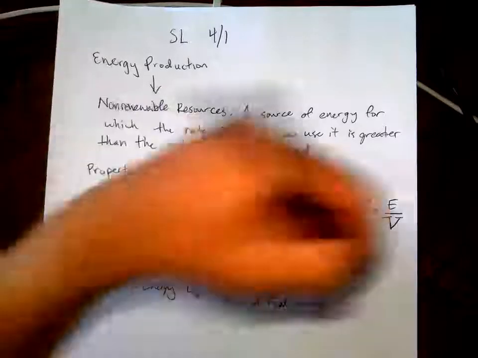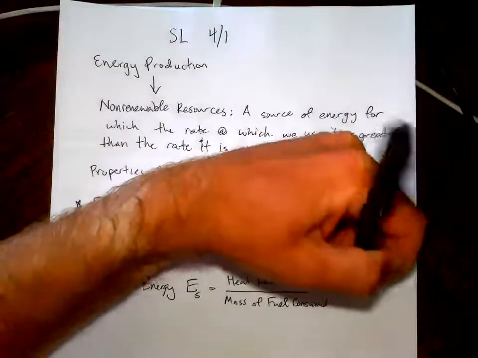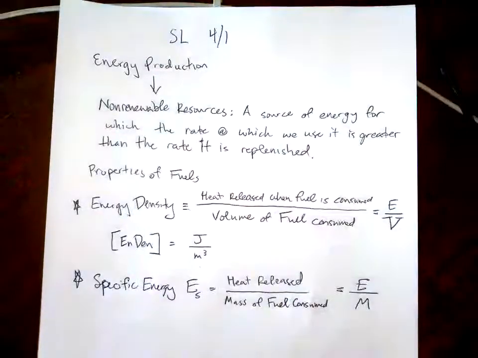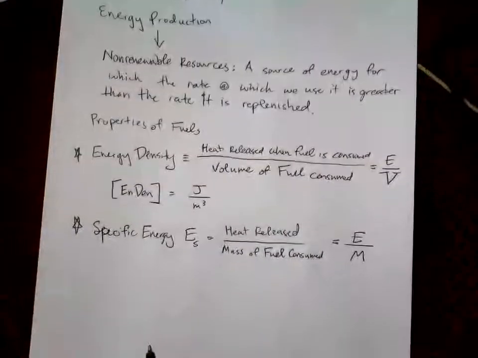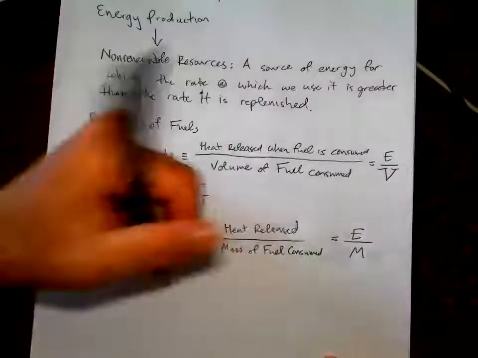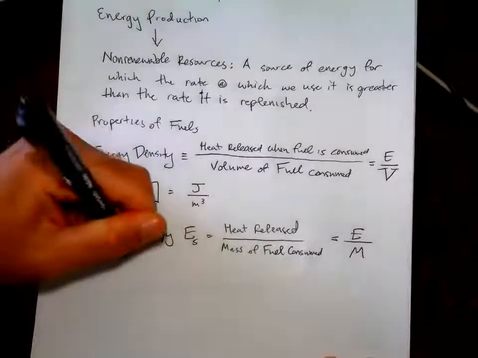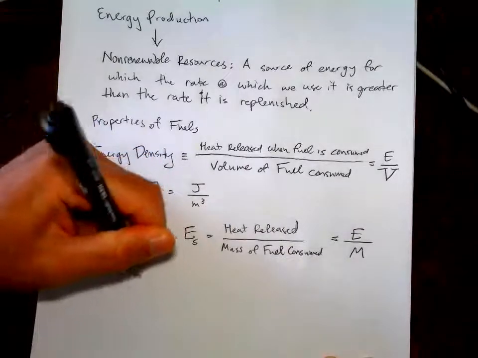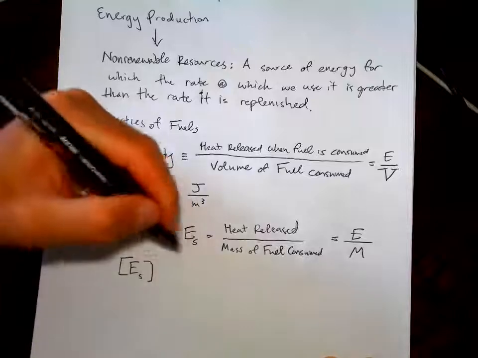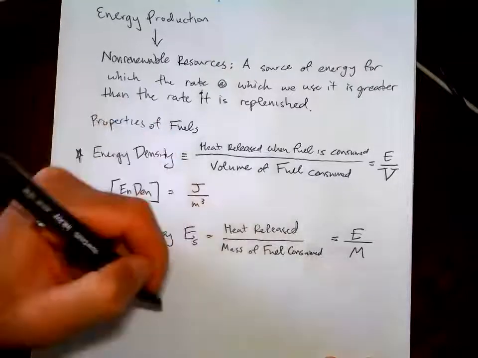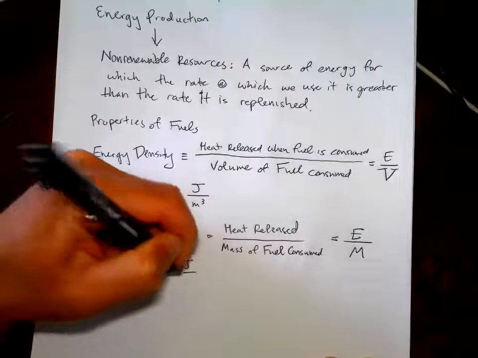So that would be energy per mass. In particular, this means that the units of specific energy are joules per kilogram.